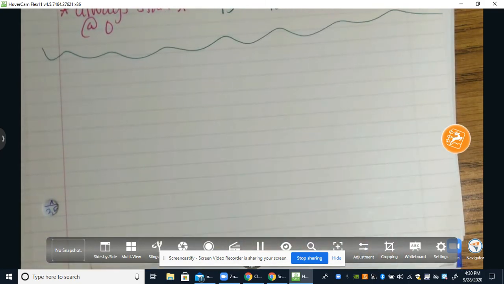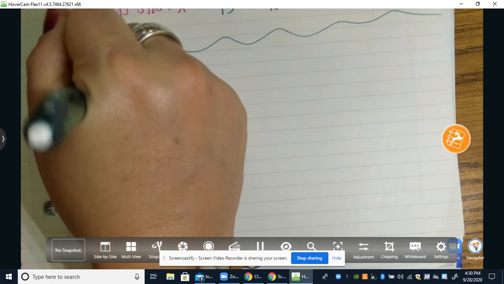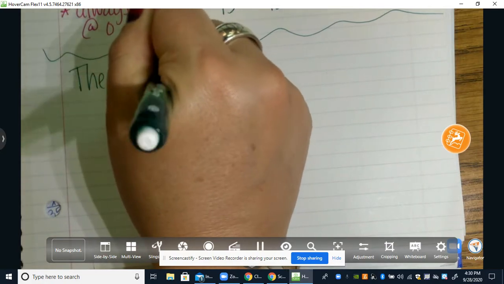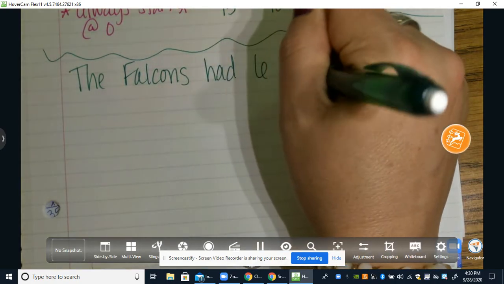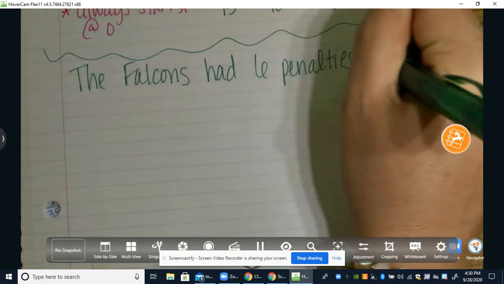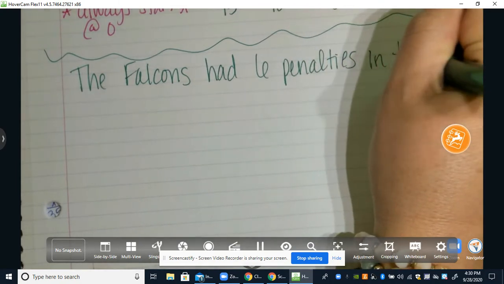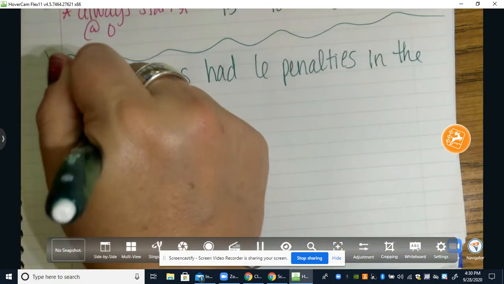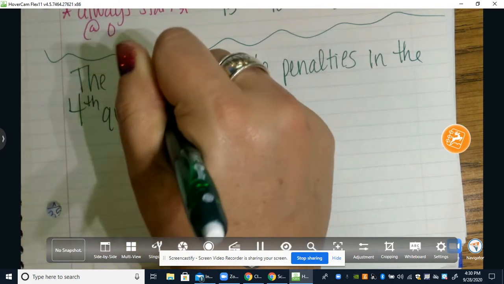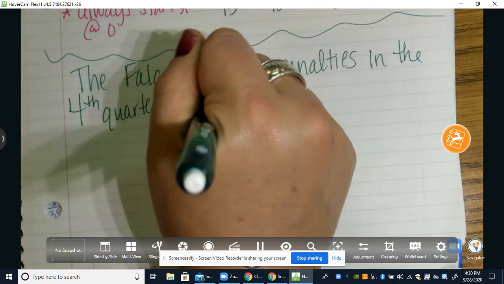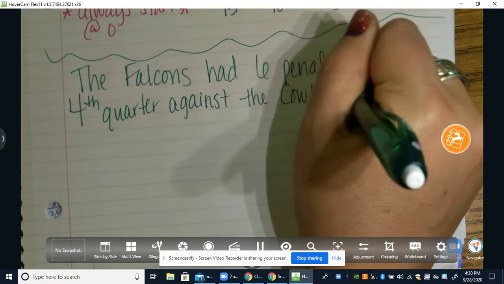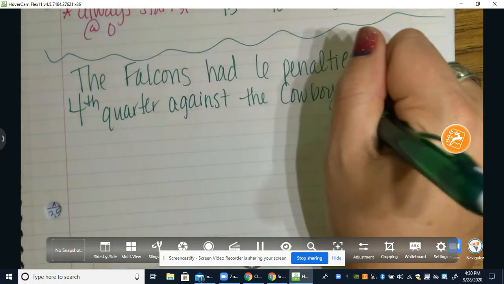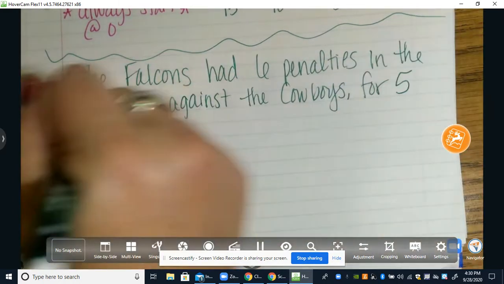All right, so the final thing is we're going to write a word problem. We're talking about football. Football happened this weekend. So the Falcons had 6 penalties in the fourth quarter against the Cowboys for 5 yards each.